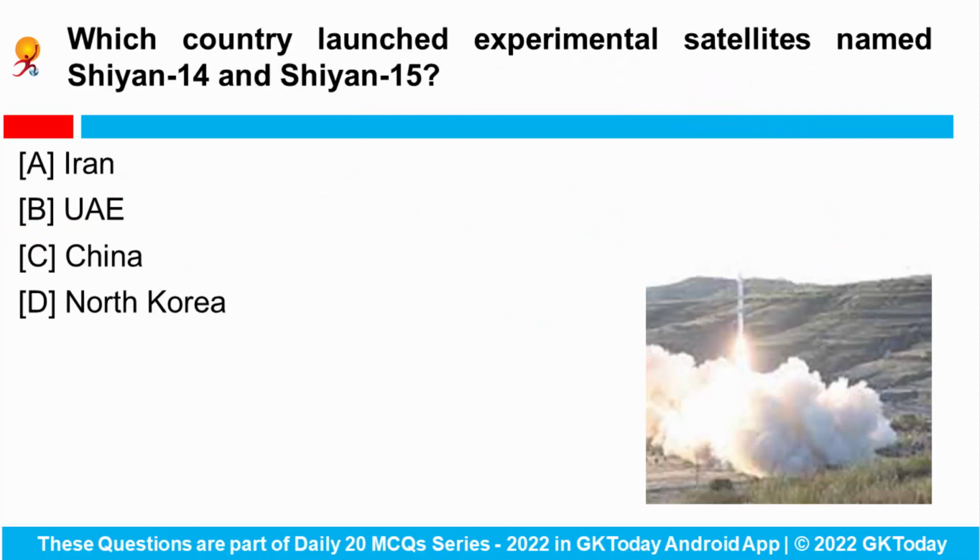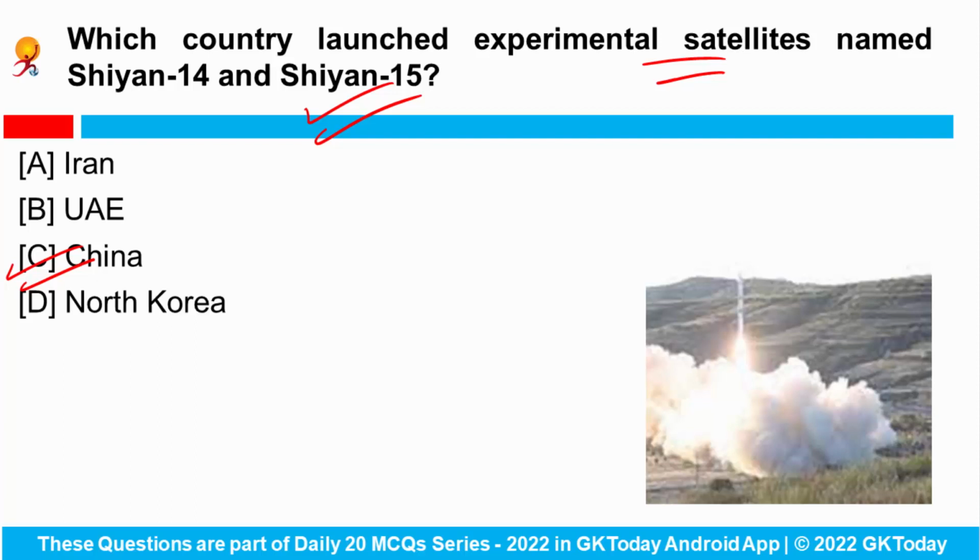Which country launched experimental satellites named Shiyan-14 and Shiyan-15? So China has launched two experimental satellites named Shiyan-14 and Shiyan-15 and the pair of satellites entered the preset orbit.